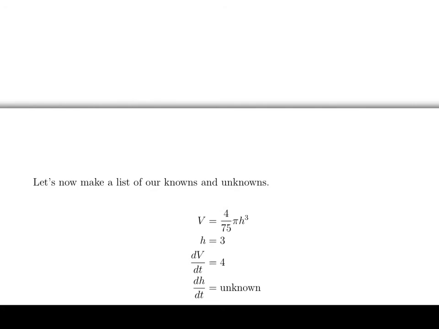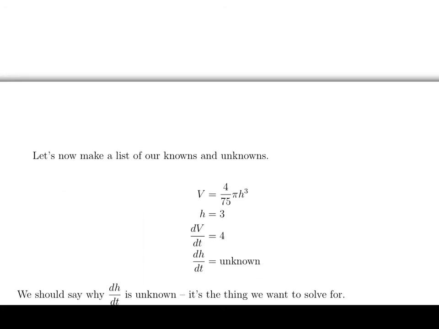And then dh/dt, we don't have that. That's unknown. And it's important to say why dh/dt is unknown. The reason it's unknown is it's the thing that we want to solve for. We're interested in knowing what is the rate of change of the height as a function of time. Now, in any one of these related rates problems, you should have a quantity that's unknown. That unknown quantity will be the thing that we want to solve for.